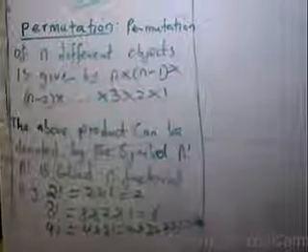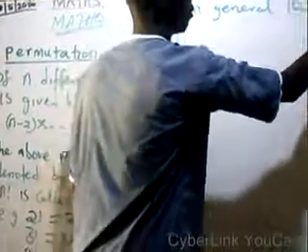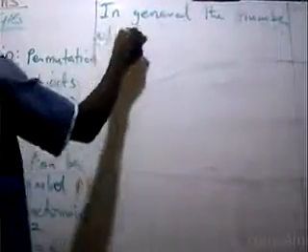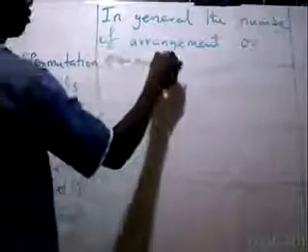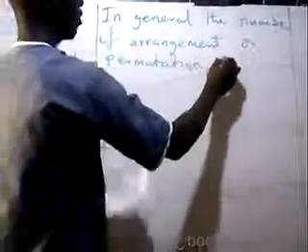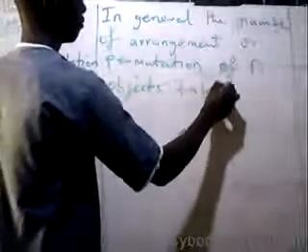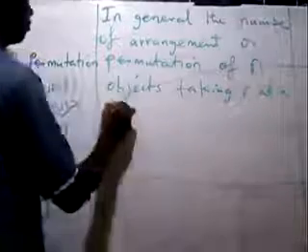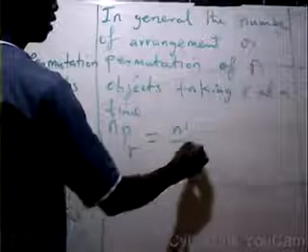About the factorial. So in general, the number of arrangements or permutations of n objects taken R at a time will now be n permutation R, which is equal to n factorial all over n minus R factorial.